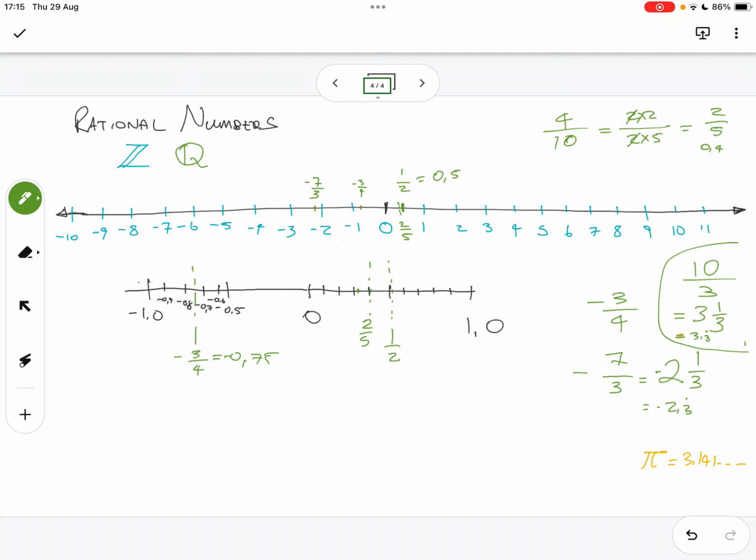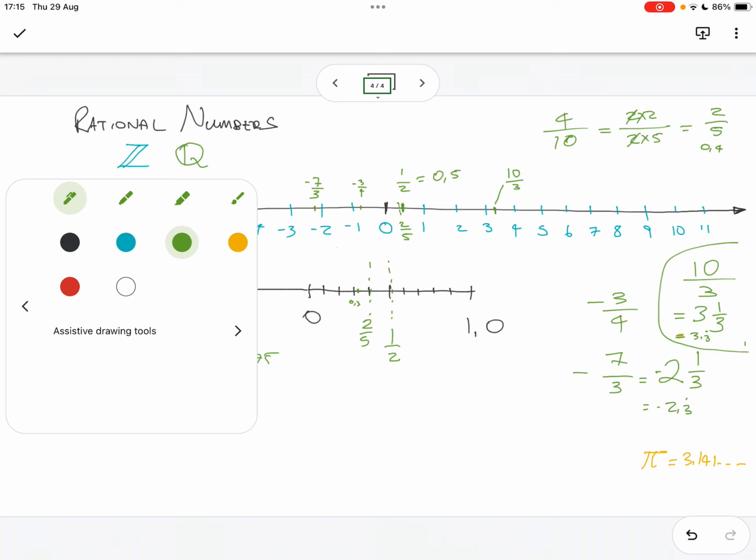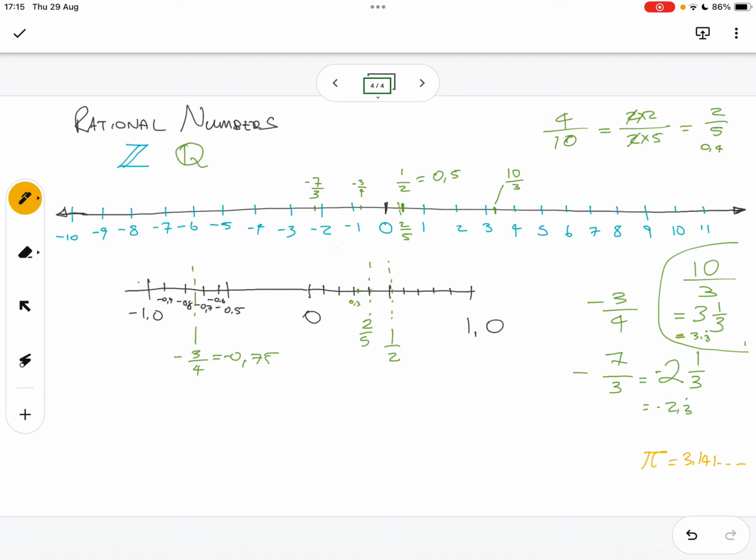And I want us to plot it somewhere there. So 0.1, 0.2, 0.3. So let's plot it somewhere there. So this would be 10 divided by 3. And I want us to see, you see, pi is a little bit smaller than 10 divided by 3 by about 0.1917, right?